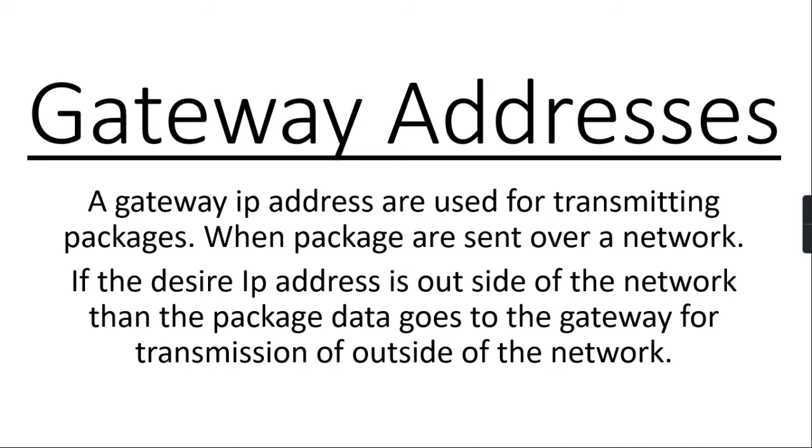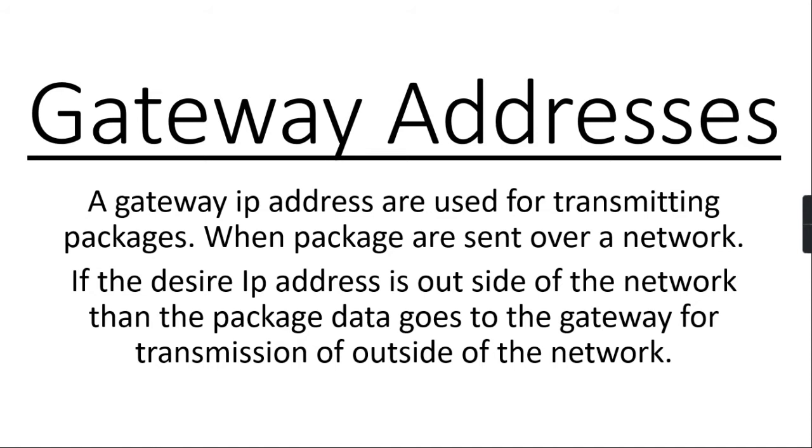The gateway is used for transmitting packages that are being sent over the network. That is the short version. A gateway is a transmitting address that is used to transfer data over a network. When a package is sent over a network, it has a desired IP address.